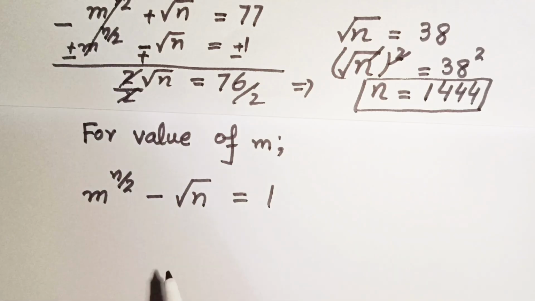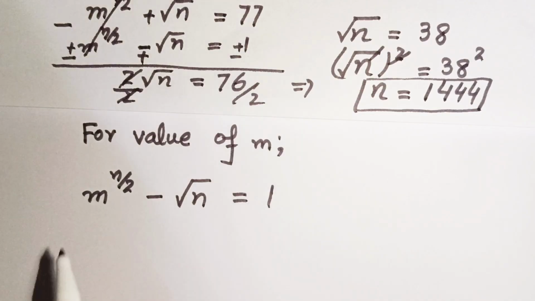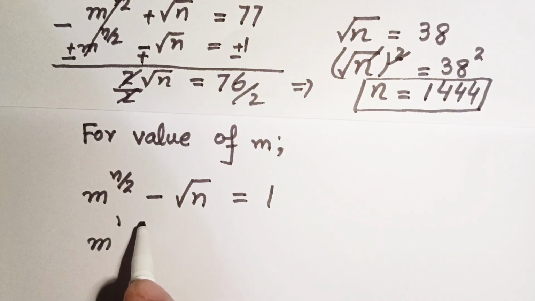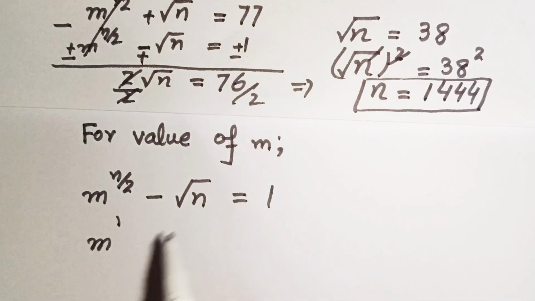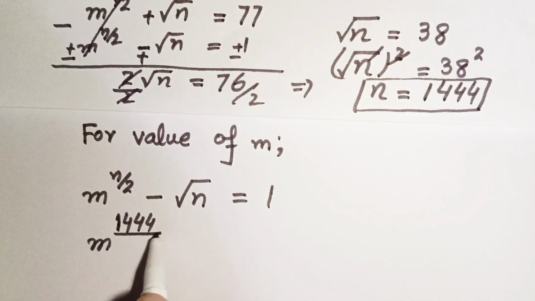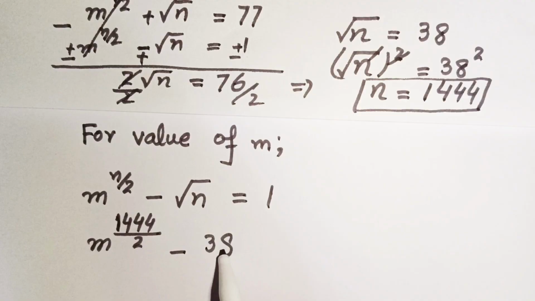So if we put the value of square root of n, which is 38, so m to the power n over 2, where the value of n is 1444 divided by 2, and minus square root of n, which is 38, is equal to 1.